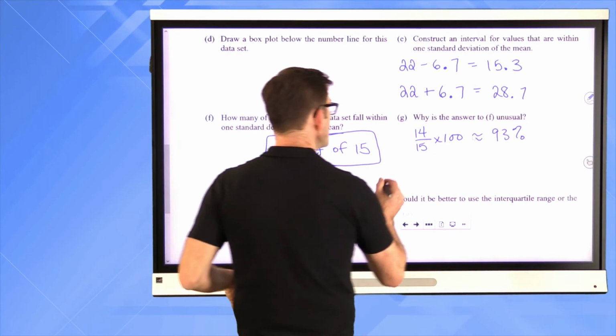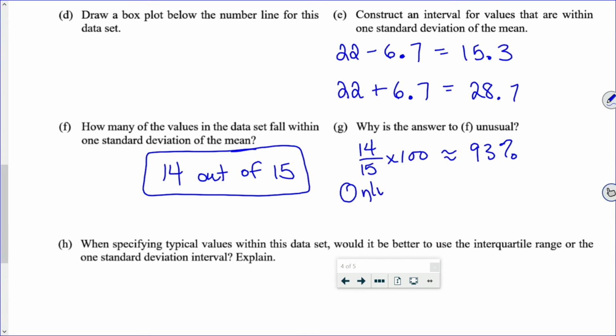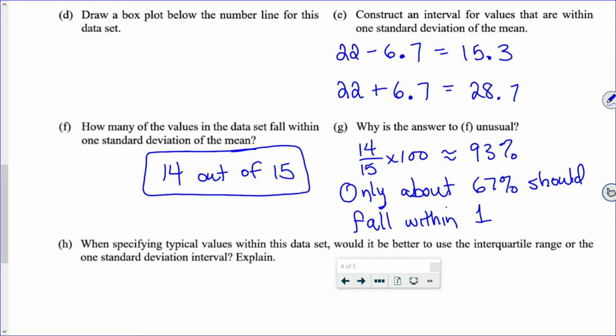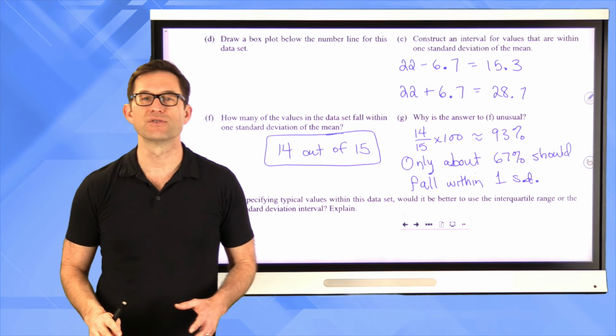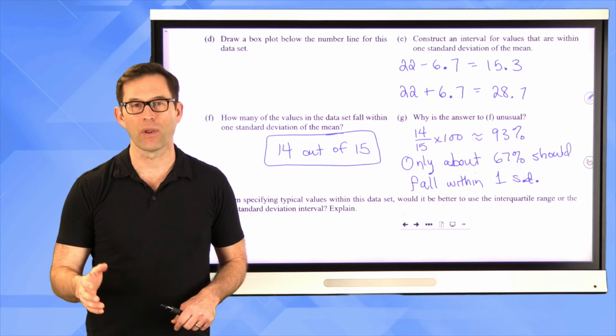So this is unusual because only about 67% should fall within one standard deviation.